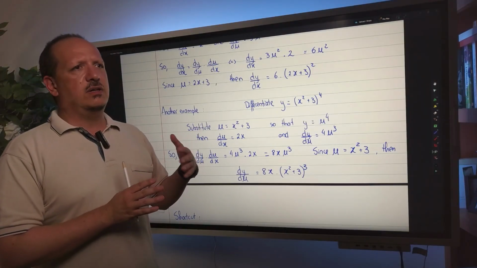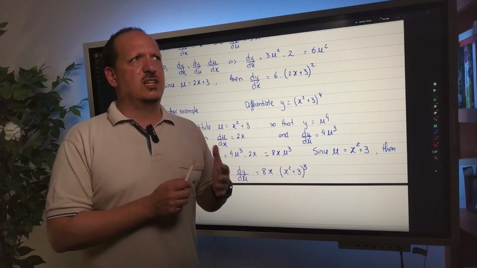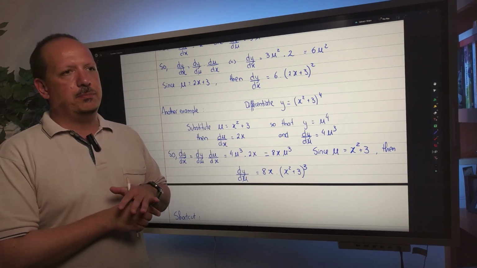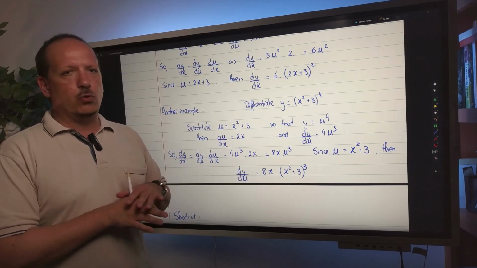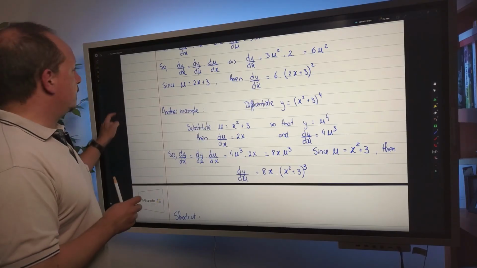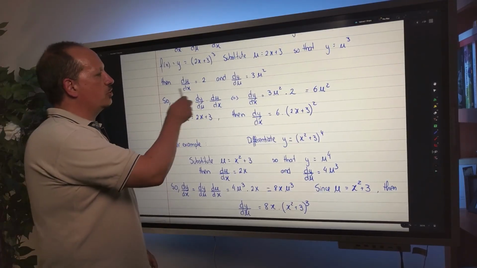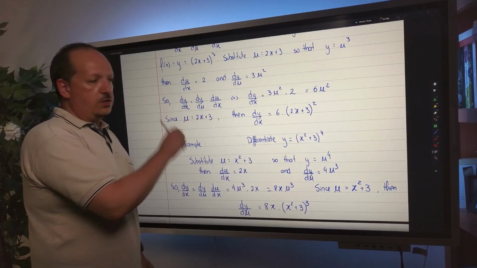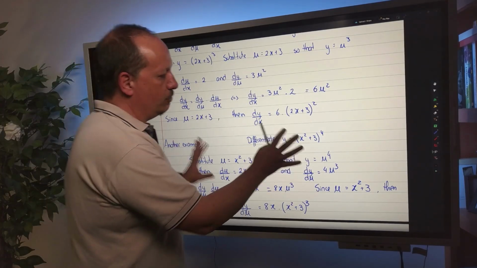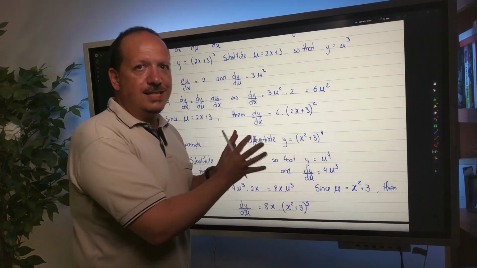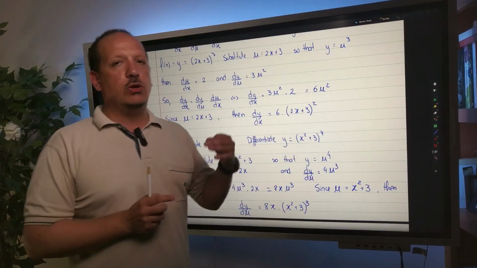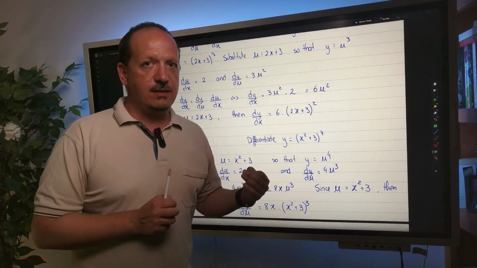You'll have either 3 or 4 or just a couple. I can't remember right now how many I put as exam questions. But they use this structure over here, okay? So take your time to practice using this method, because this is very important for you to understand what the chain rule is, all right?